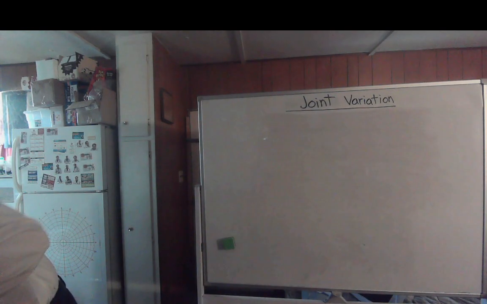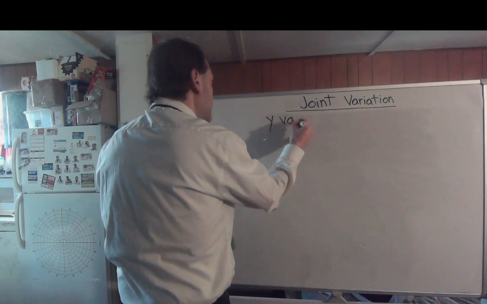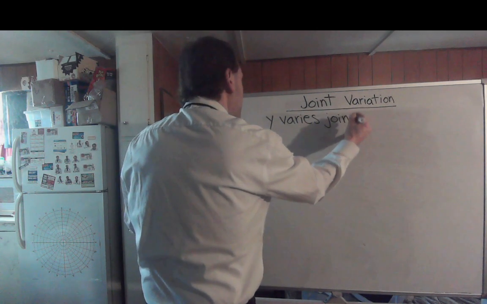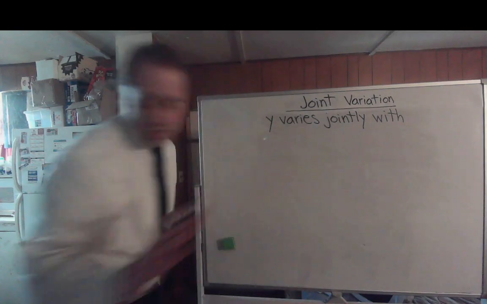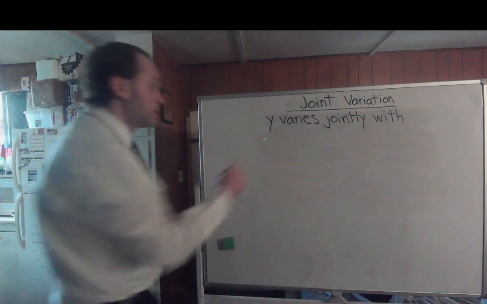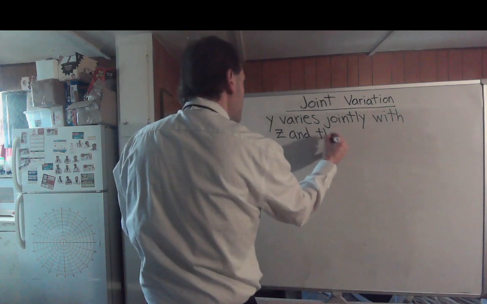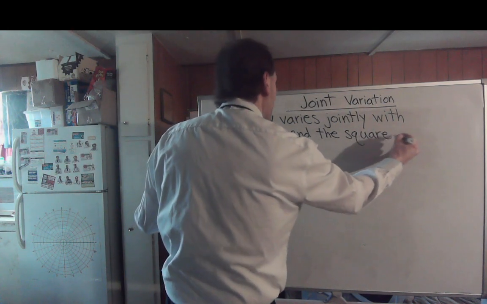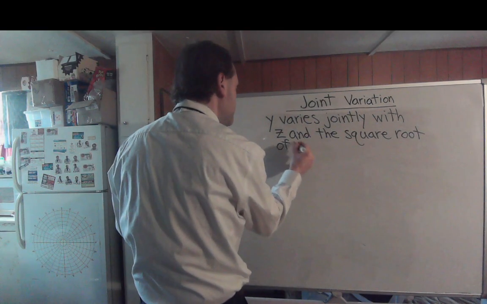So, y varies jointly with z and the square root of x.